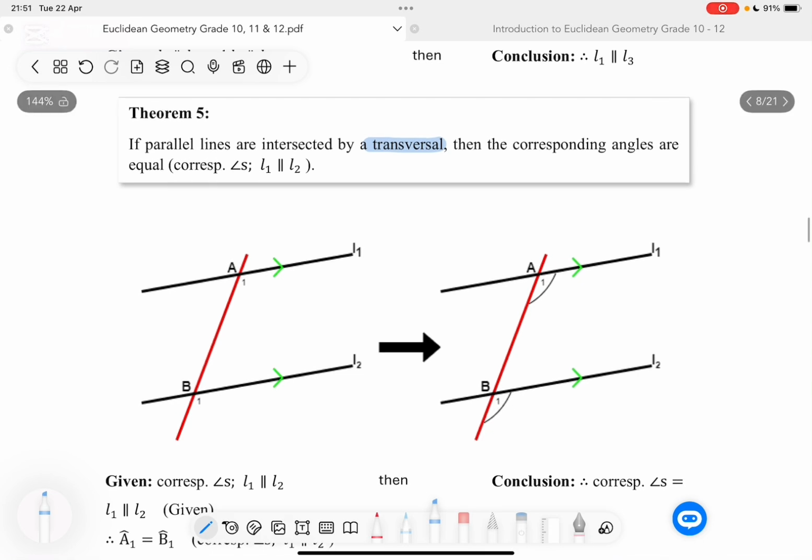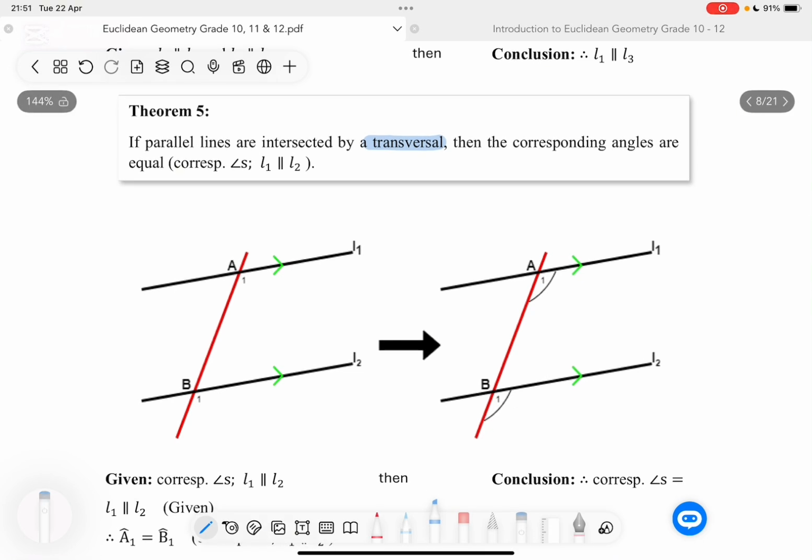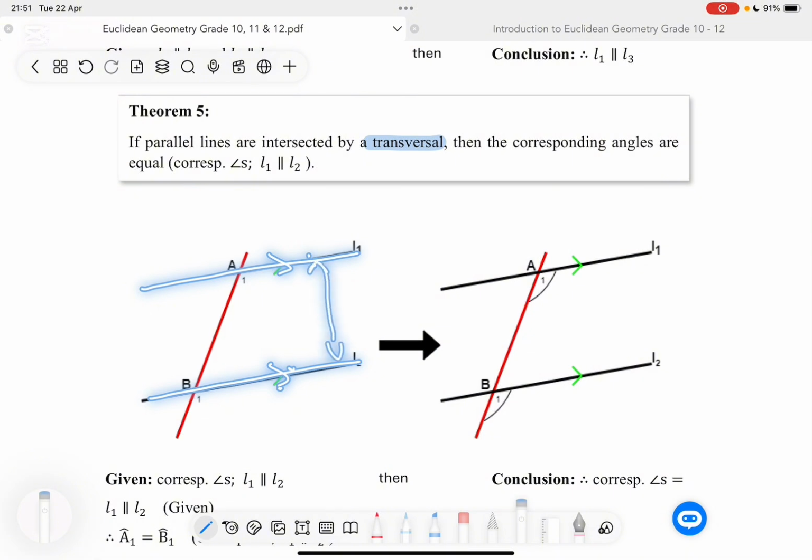So in this theorem, we're saying that we are having parallel lines that are intersected by a transversal. So here we have line 1, which is parallel to line 2. That means these two lines will never cut each other. They maintain the same distance between them.